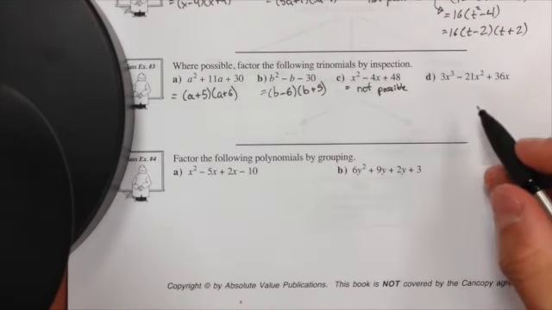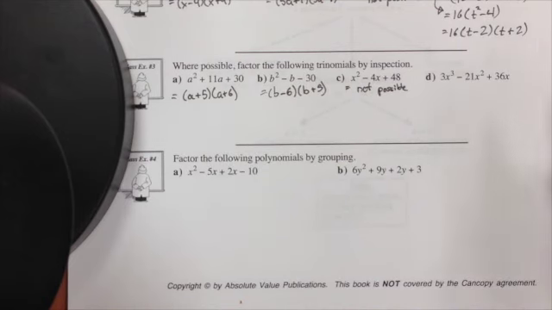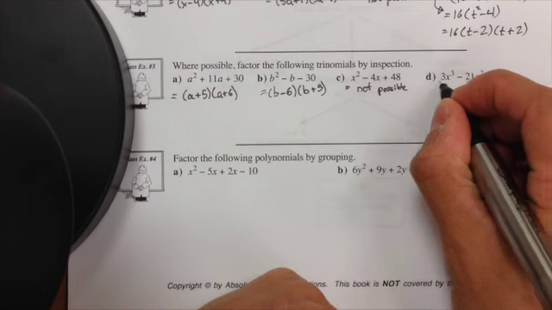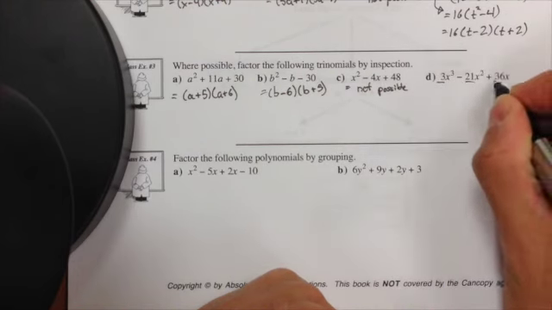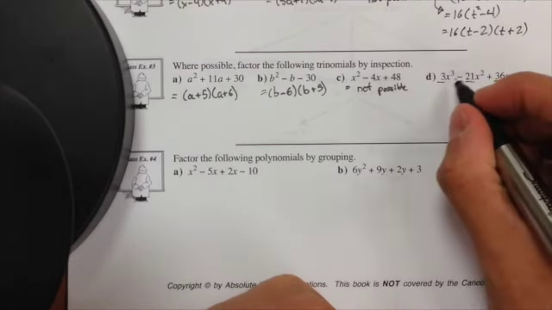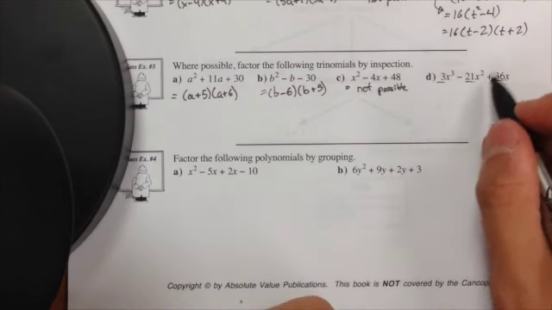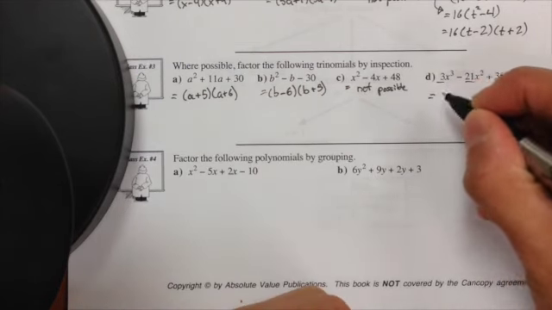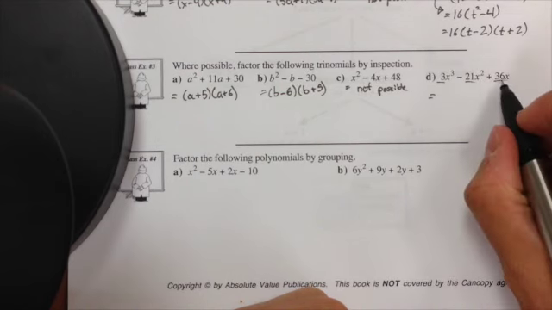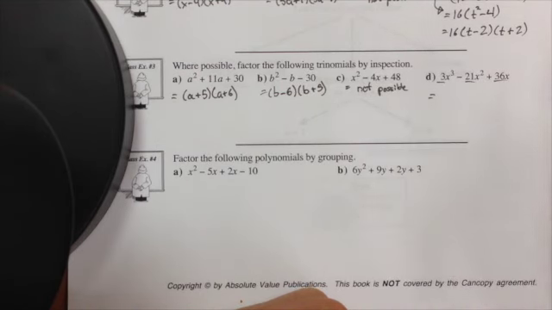And finally, 3x cubed minus 21x squared plus 36x. Okay, so the first thing we're going to do, if you see that a number is divisible by a number, if there is a greatest common factor, then we'll get rid of that greatest common factor first. And so my greatest common factor here is going to be 3, but not just 3, it's going to be 3x.